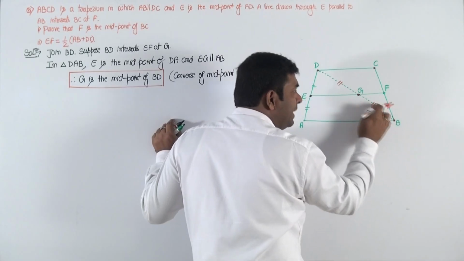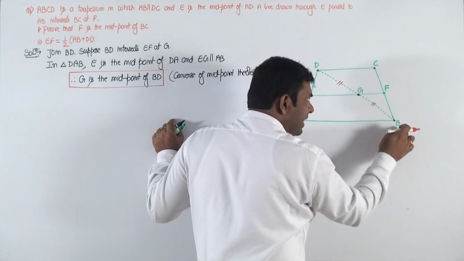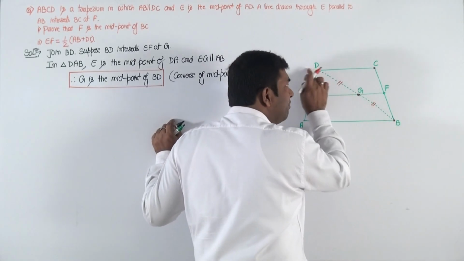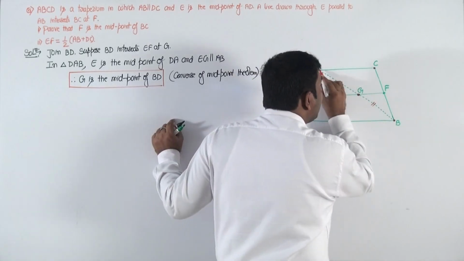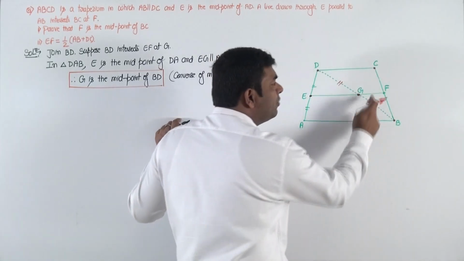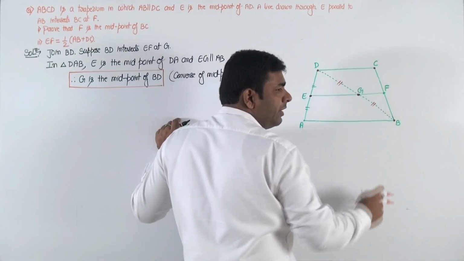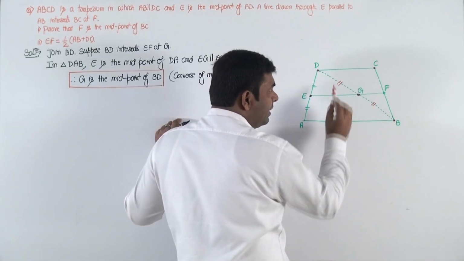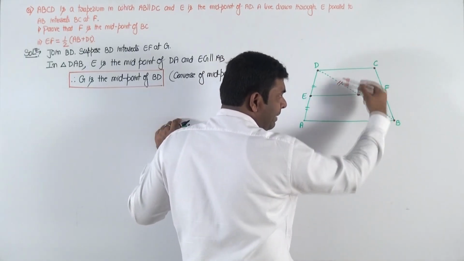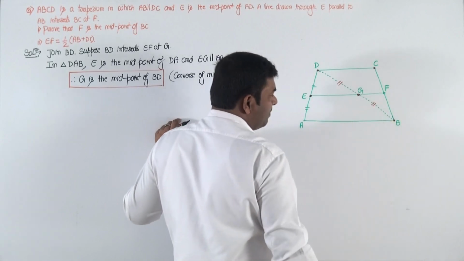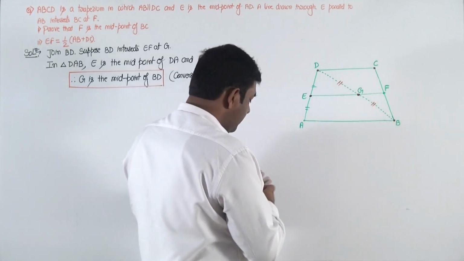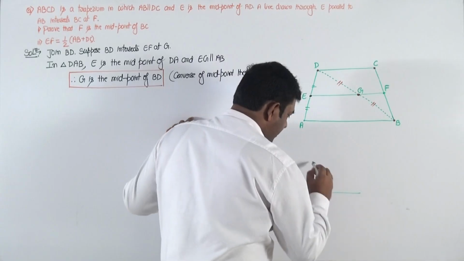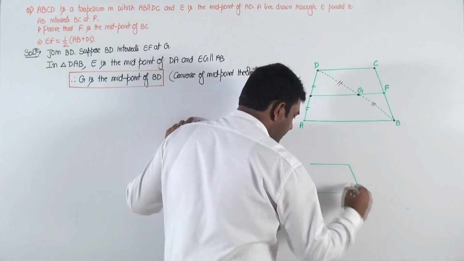In this triangle BDC, in this triangle G is the midpoint of BD and GF is parallel to this. सर ये दोनों कैसे पैरेलल होंगे? ये दोनों, isn't it? यहां पे देखो, these two are parallel, ये दोनों पैरेलल है.